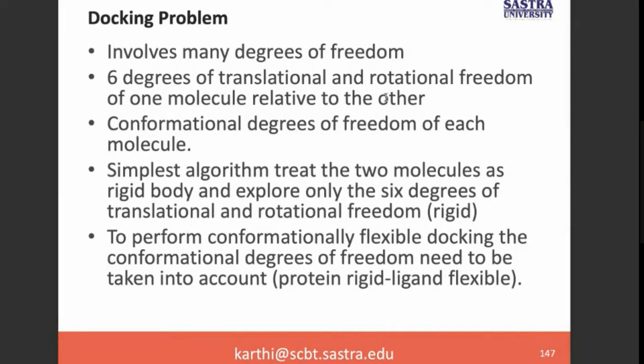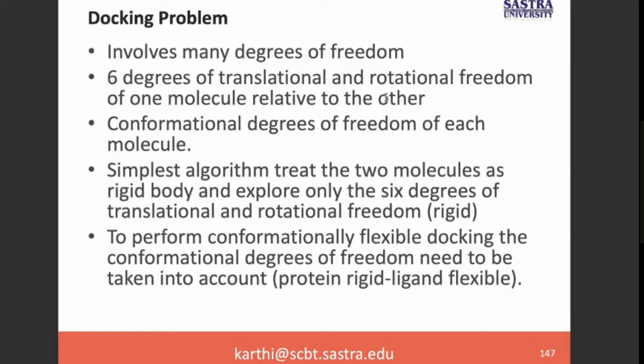But if you think of giving conformational freedom to the entire protein molecule, it will be very difficult to manage. If you consider a protein molecule made up of 200 amino acids, there are going to be a lot of carbon-carbon single bonds. If you make all of them rotatable, the number of conformations is going to be exponential, so the algorithm may not be able to manage that.